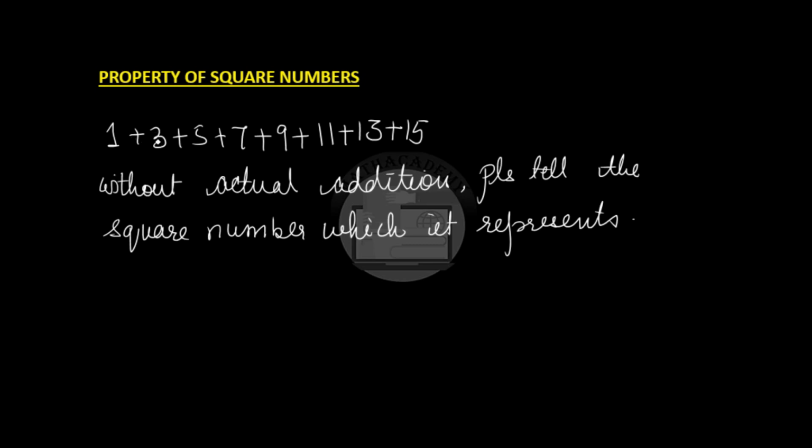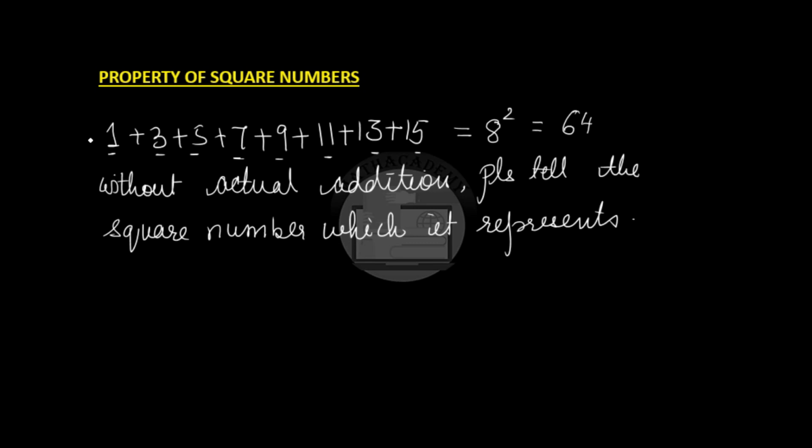We will count how many odd numbers are there. Starting from 1, 2, 3, 4, 5, 6, 7 and 8. And I know that if we are adding 8 consecutive odd numbers starting from 1, it will yield us the square of 8. Without calculating, we can write the answer as 64. We need not add all these numbers to get our result. So I hope this is clear.